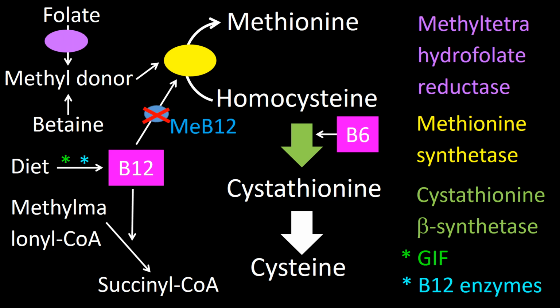Site 3, a failure in the conversion of B12 to methylcobalamin. In these patients, homocystinemia occurs without the characteristic increase in methylmalonic acid that occurs in all other patients with B12-related homocystinuria. And site 4, in the process of absorbing or transporting B12 to its active form.